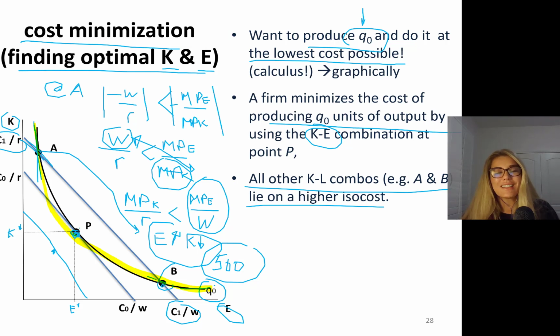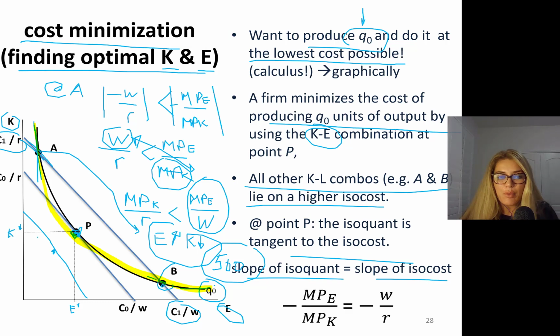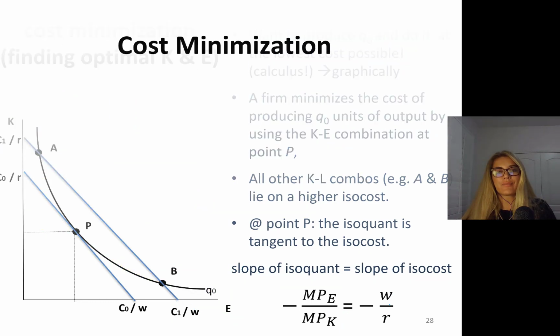Here, you are already at your best level of output. So at point P, the isoquant is tangent to the isocost. The slope of the isoquant is exactly equal to the slope of the isocost. So at this point P, I'm going back to point P. Negative of marginal product of labor divided by marginal product of capital is exactly equal to negative of wage over rental rate.